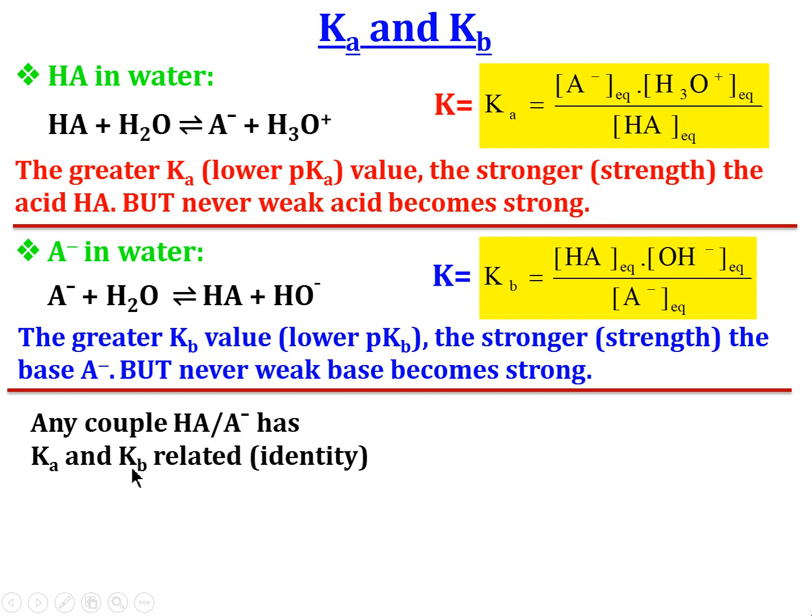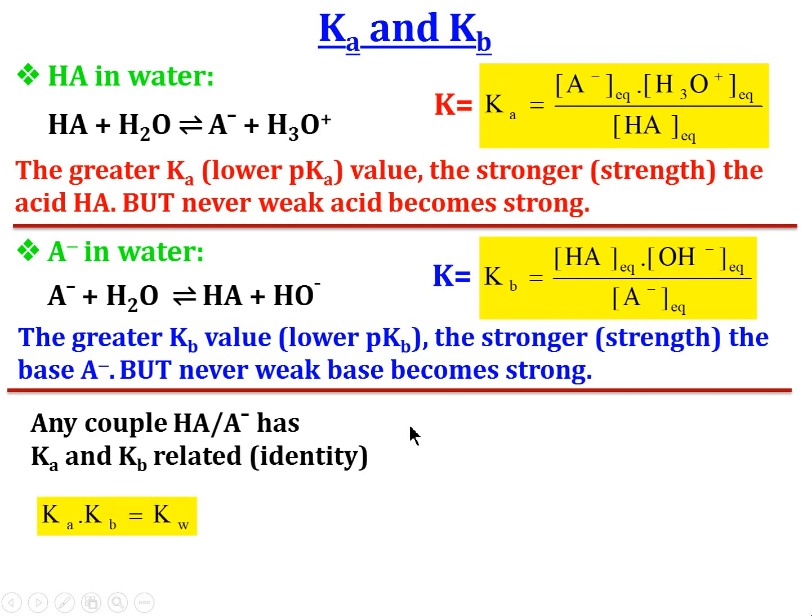Ka and Kb of the same couple are related. If we multiply Ka by Kb, we cancel A minus with A minus, HA with HA. So Ka times Kb equals H3O plus at equilibrium times OH minus at equilibrium.